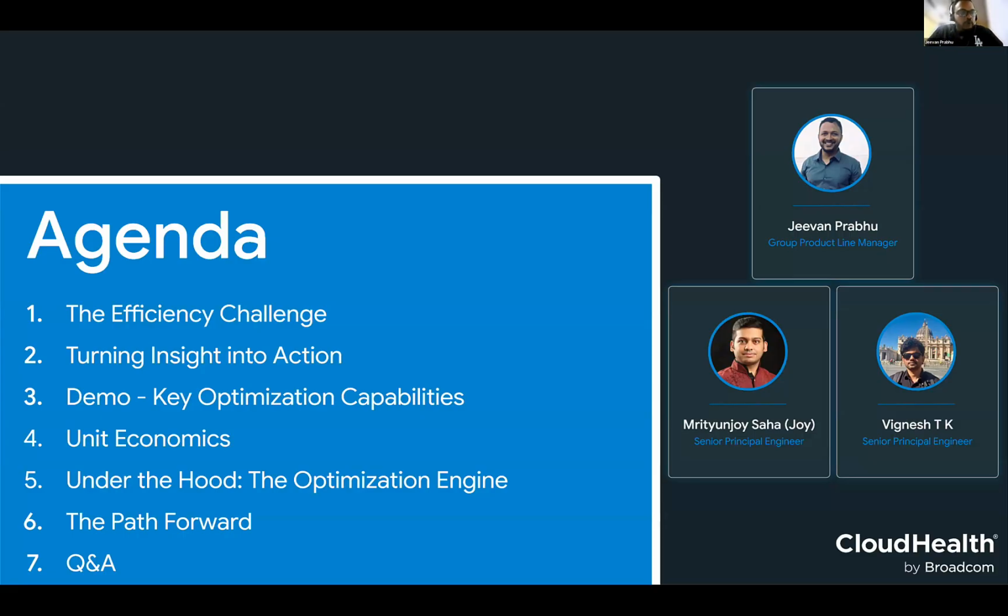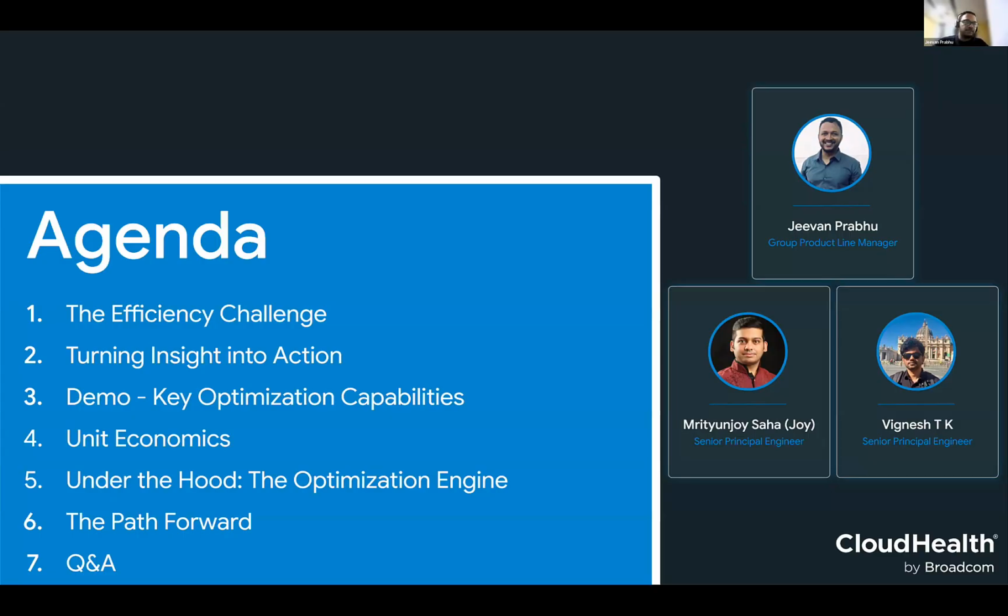I'll also quickly go through the demo of key optimization capabilities we have today in the new experience. And while I go through it, I'll also highlight some of the roadmap items or enhancements which we are working on and which will be there very soon. The big bucket items are certainly in the latter, which is the path forward.